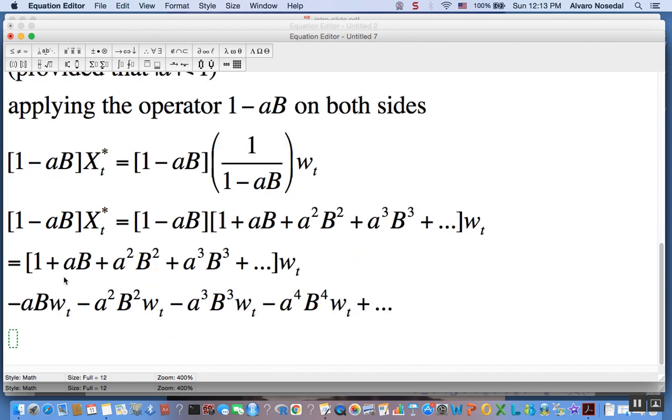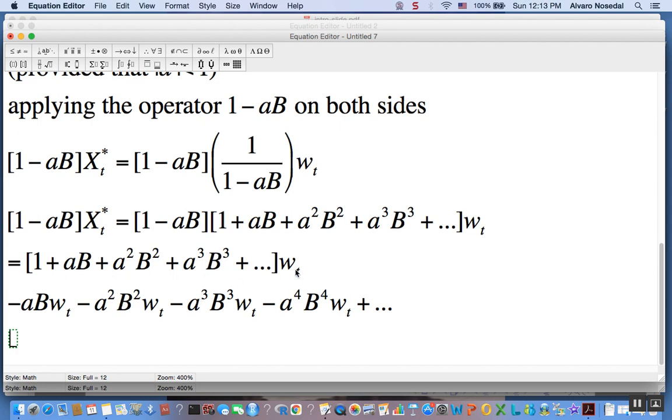So can you see that when you do that, 1 plus AB WT plus A squared B squared WT, A cubed B cubed WT, and so on, these terms will cancel out.